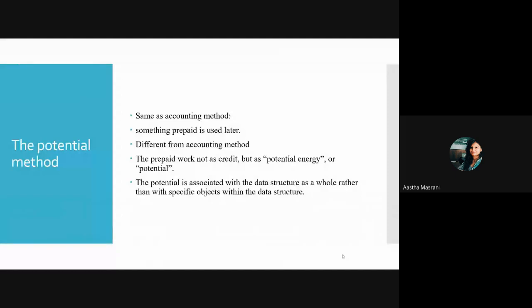Your usage is your accounting method, and the whole cost that is being assigned to you per month is the potential method. Means the cost is assigned to the whole data structure, not the single operations. Then you are dividing that cost for each operation from the whole assigned to you.